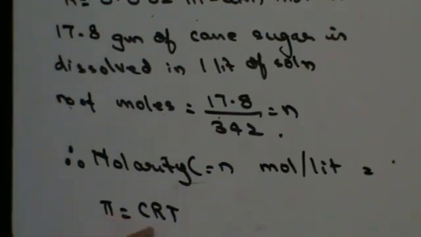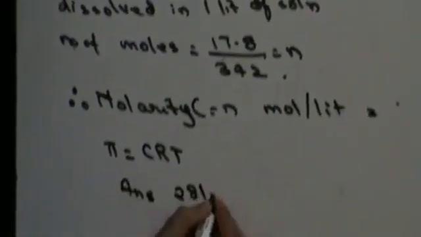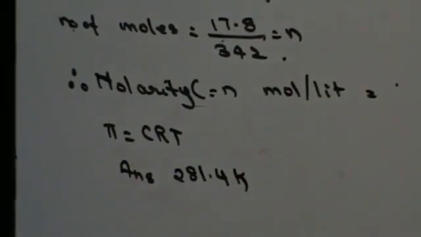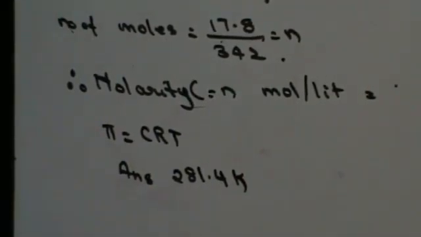Pi is given to me, C and R are given to you. So you will come to know the temperature at which this will occur. The answer for this sum should be 281.4 Kelvin. So what will be molarity? Yes, the value of n will be molarity.